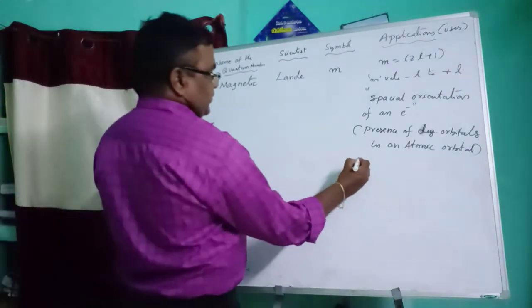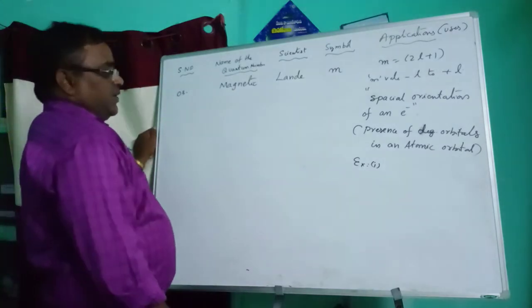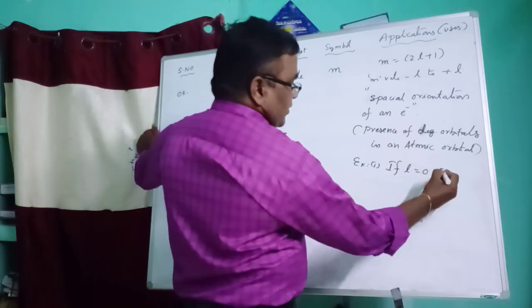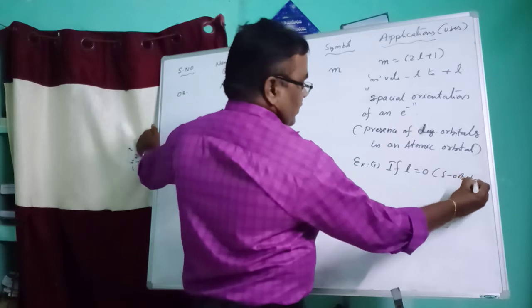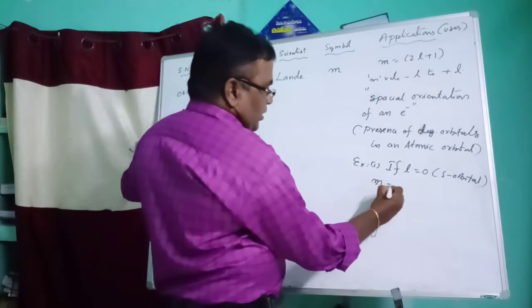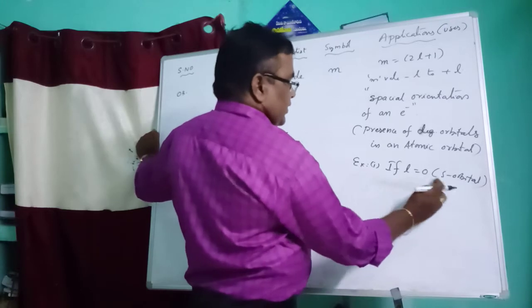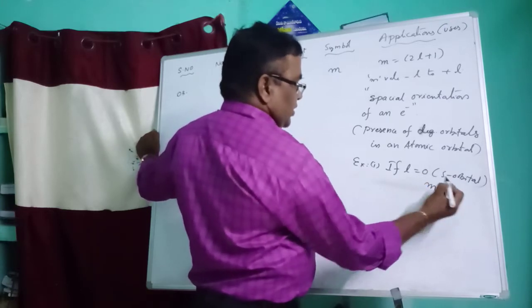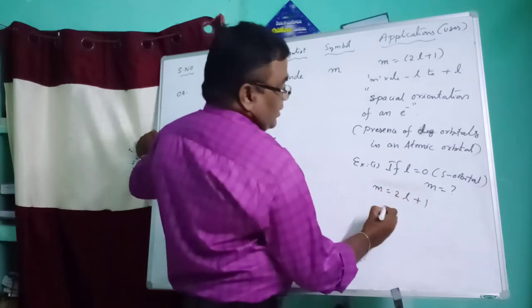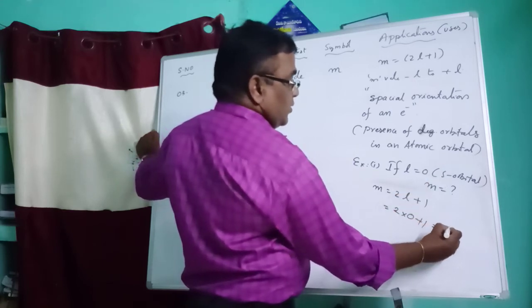Example 1. If L is equal to 0, that means s orbital. M is equal to how much? We know that M is equal to 2L plus 1. That is equal to 2 into 0 plus 1, which is equal to 1.